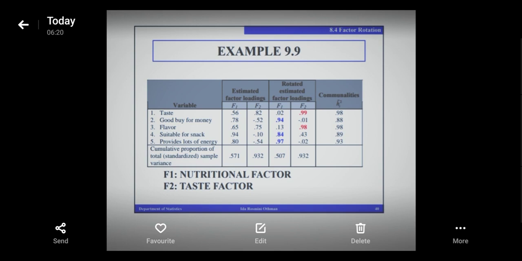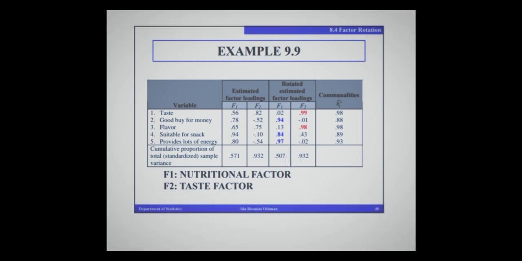So from here we are saying that when we use the rotated factor loading, it is easier for us to interpret which variables are grouped into which factors. But if you look at the value of the proportion, the total proportion is the same.